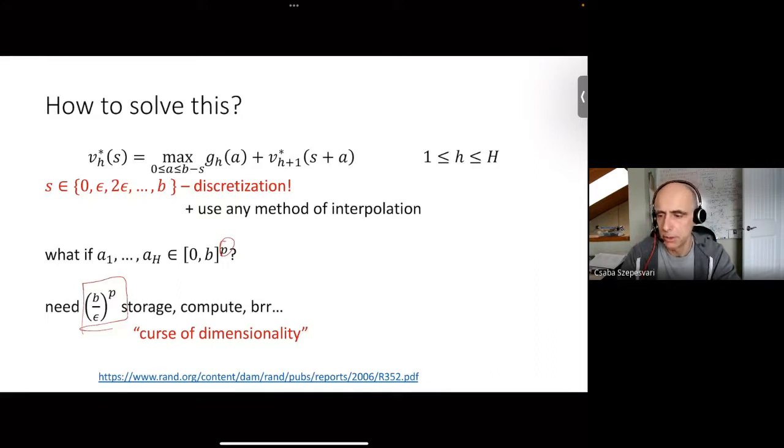Even if you choose epsilon to be b over half, like you have one midpoint, then you get 2 to the 100 in 100-dimensional space. And that's a big number. You can't store that many reals on your computer. So this discretization approach very quickly runs into a wall.